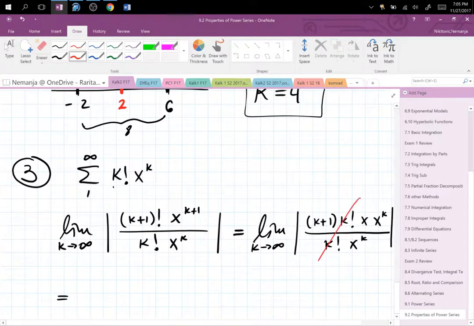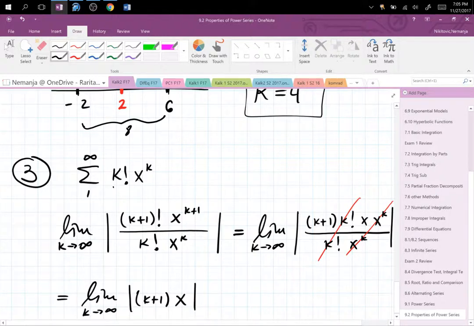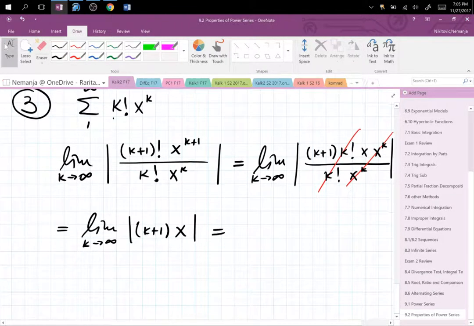We have k factorials gone, x to the k is gone, limit k goes to infinity of k plus 1, sorry, there's no over, it's just k plus 1 times x in absolute values. What is this equal to? 0.